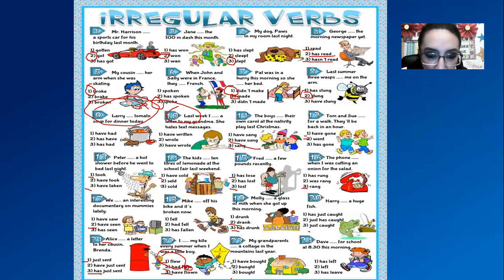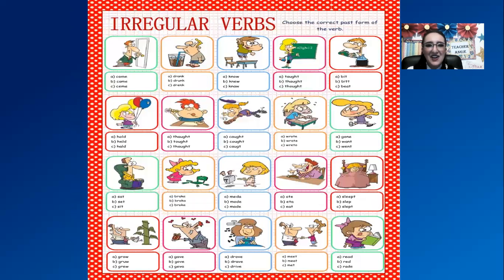Bought, or well, how about? But depending on the context, because how about a cottage last year? Nah, depending on the context, but in this case, the context is sending me to did. And finally, Dave, I don't know, for school at 8:30 this morning. Has leave or left? Wow.